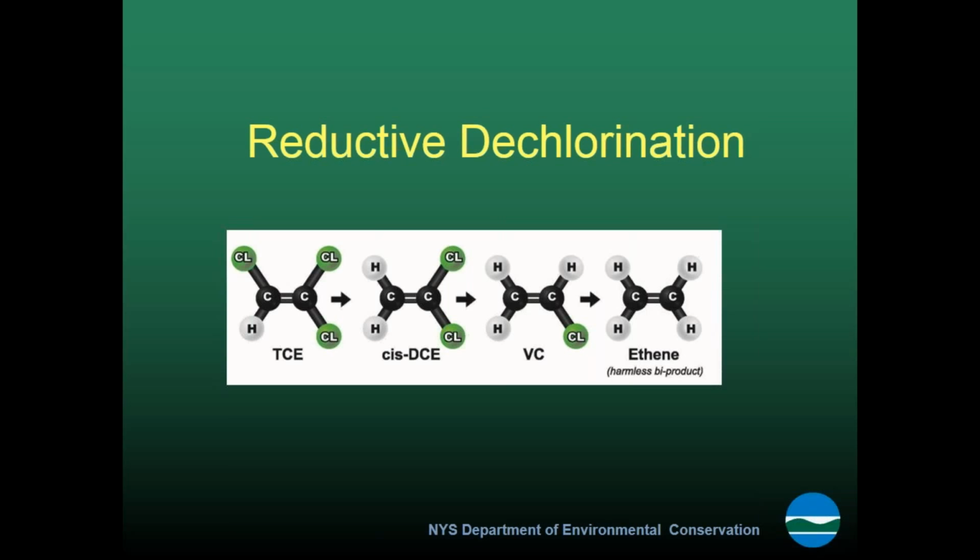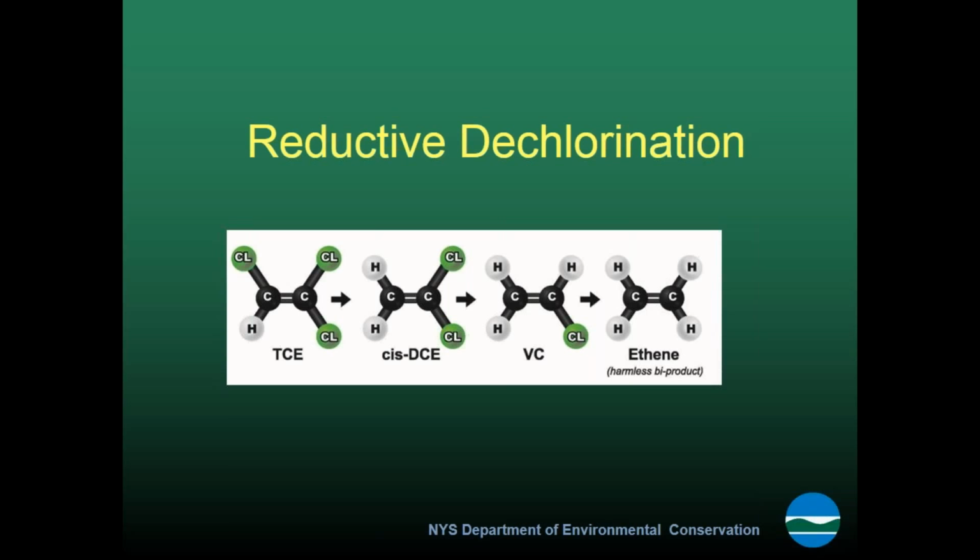There are times when you don't see any vinyl chloride, but you see a lot of ethene, and based on that, you recognize that the reason you don't see the vinyl chloride is it just is degrading faster than the DCE is degrading. So you can have situations where you're getting full reductive dechlorination even without seeing a lot of vinyl chloride in the environment.